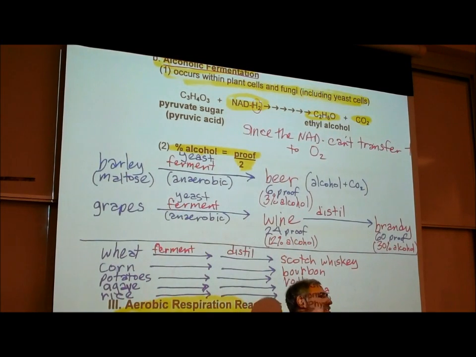So we said that you can take these yeast or yeasty beasties and throw them into anything containing sugars, and that includes starch, because starch is just a bunch of sugars. And in an environment without air, they will simply turn those sugars first into pyruvate sugar. Why are they doing it? To make ATP. And then, because there's no oxygen, they convert that pyruvate sugar into alcohol and CO2.